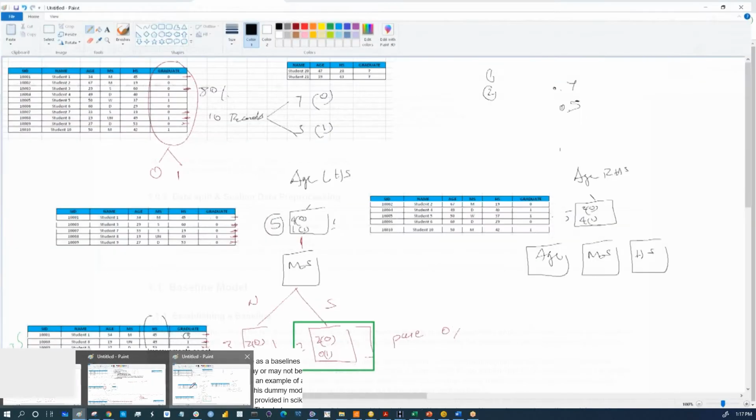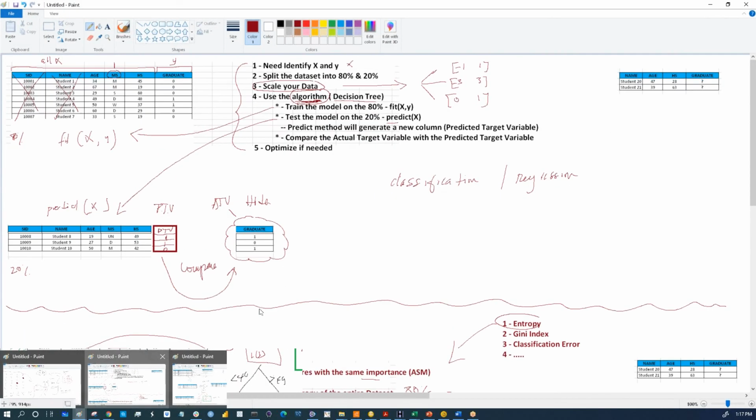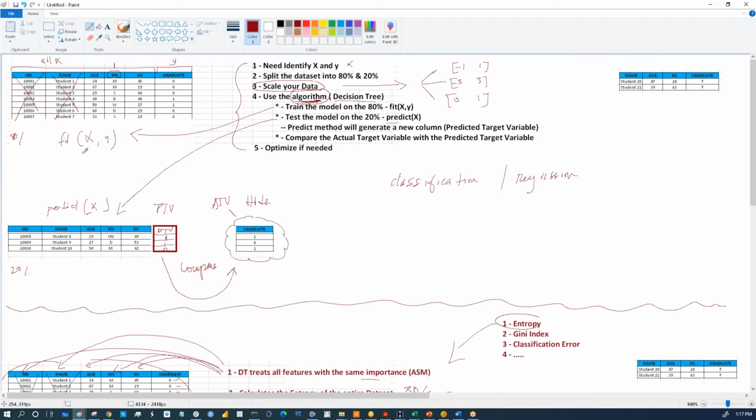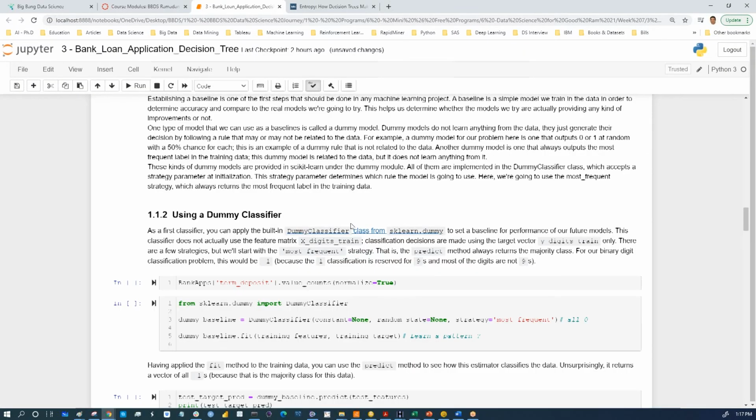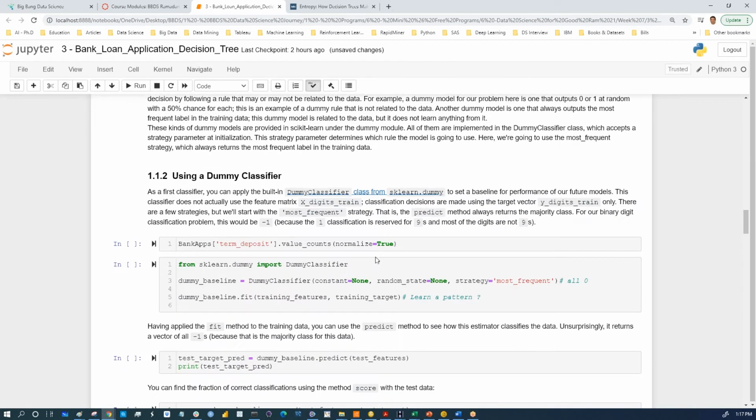For the 80%, we are going to have X and Y, and for the 20% we have X and Y also. After splitting, we are going to build the dummy model or dummy classifier.